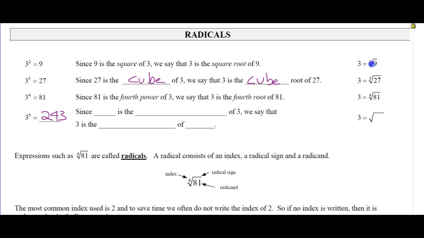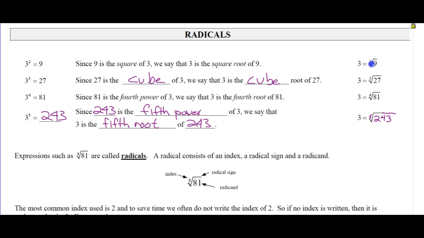Since 243 is the fifth power of 3, we say that 3 is the fifth root of 243. And to indicate fifth root, we put a 5 in here, which is called the index, and write 243 under the radical sign.